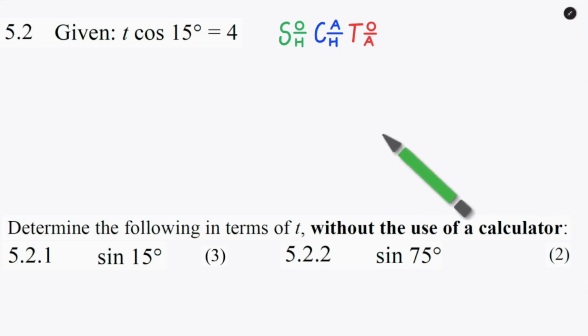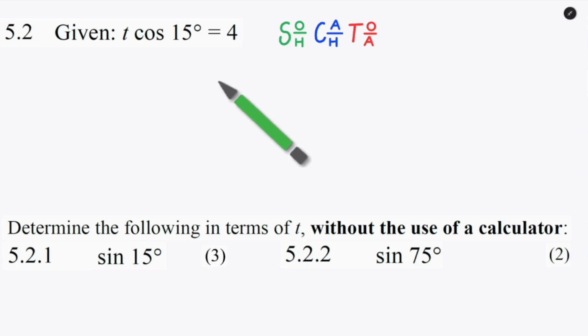In question 5.2, we've been given that t equals cos 15 equals 4. And we need to determine the following in terms of t without the use of a calculator, sine 15 and sine 75. So without the use of a calculator is a serious clue that you actually need to do a sketch. And if we fall back into our procedure with sketches, I want cos of 15 on its own. So I want to get rid of this t.